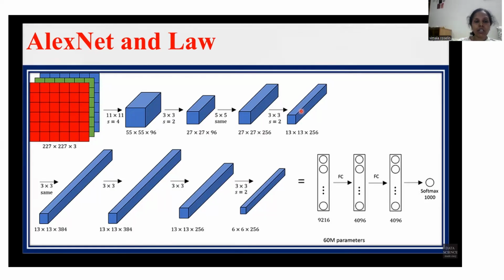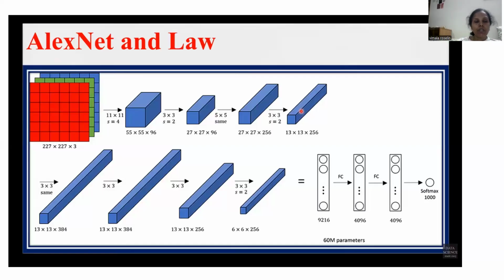The pooling layers perform max pooling, and the input size is fixed due to the presence of fully connected layers. The input is 224 x 224 x 3, but due to padding, it works out to be 227 x 227 x 3.